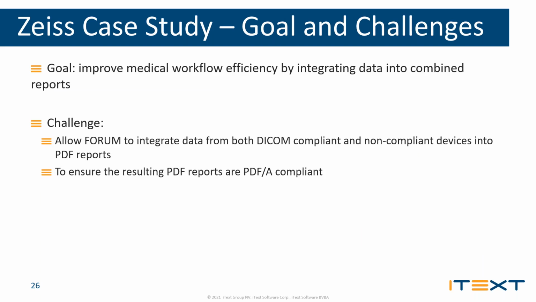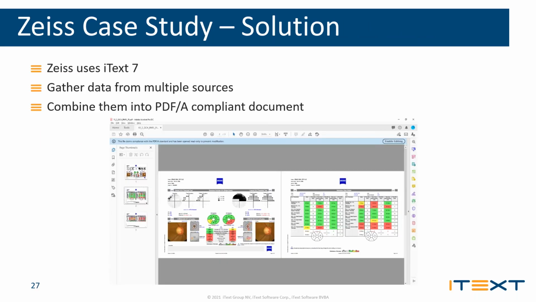So the goal here was to improve the medical workflow efficiency by integrating data from all the devices into combined reports, aggregating all that data. There were some challenges, however, since some of the devices are compliant, others are not, and we have to generate PDF reports that are PDF-A compliant. Luckily, Zeiss used iText 7, and iText 7 lets you just do that.